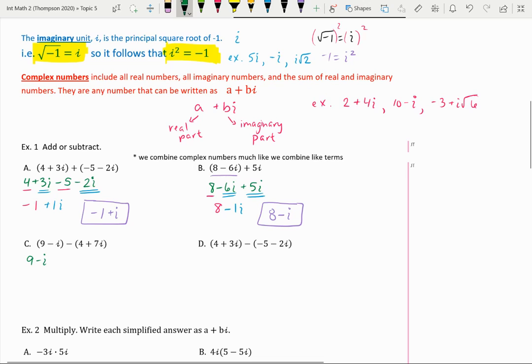And then when I have minus in front of these parentheses, I basically need to change that sign. You can also think of it as distributing through by a negative 1, right? So I have minus 4 and then minus a positive 7i, so minus 7i. And that's the difference between when it's subtraction other than when it's addition.